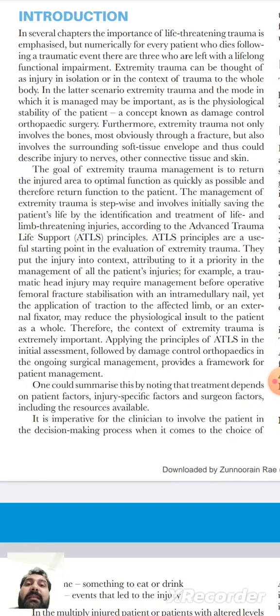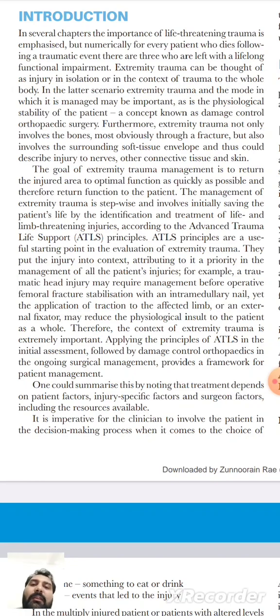In such cases, we first resuscitate the patient according to ATLS protocol. We manage the life-threatening injury first. During this, we only immobilize the fracture ends, and when the patient gets stabilized, later on we can do a definite treatment for the fracture.